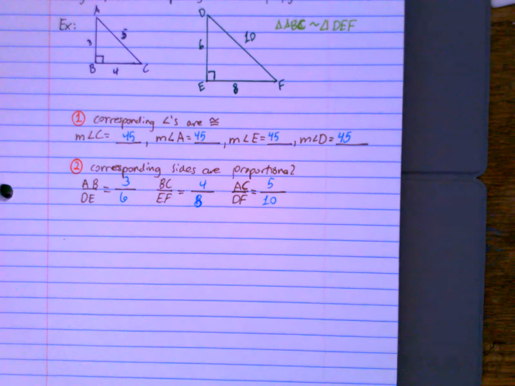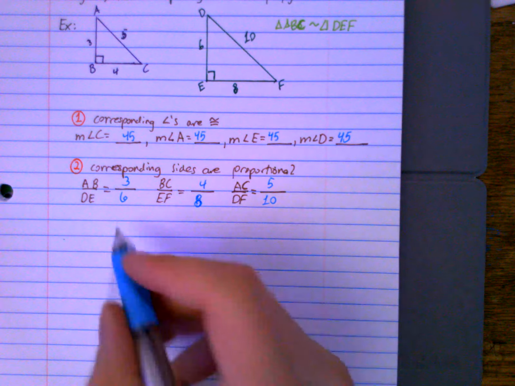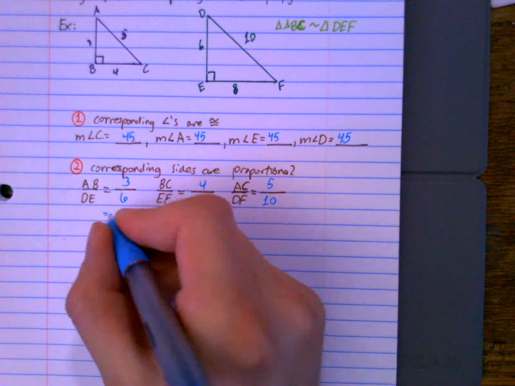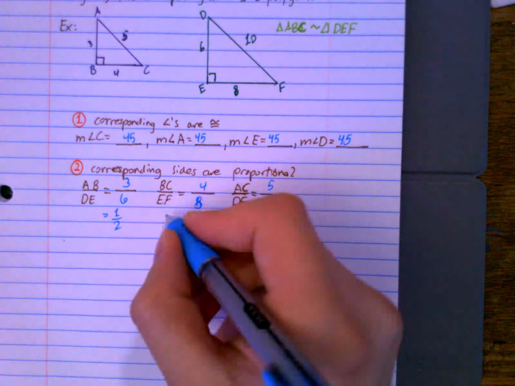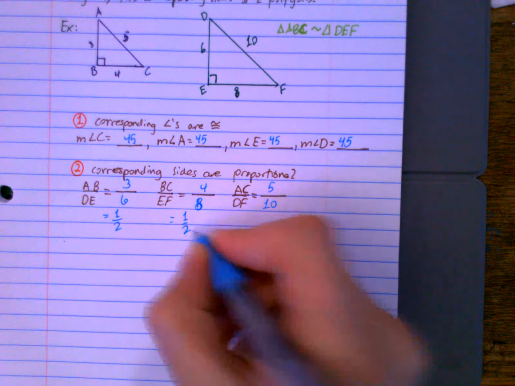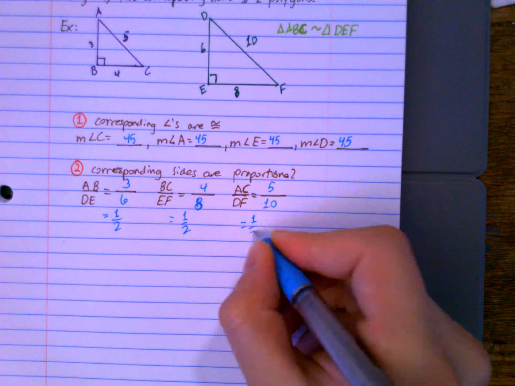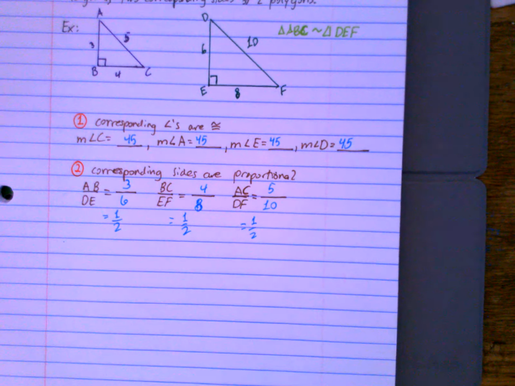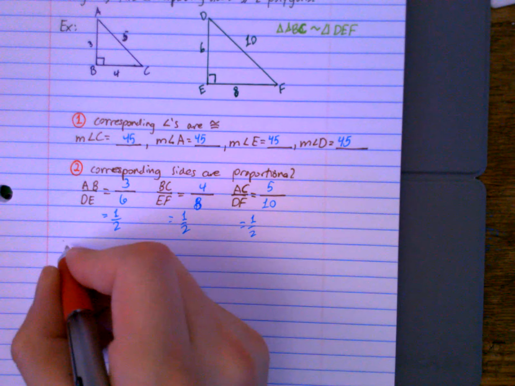What do all of these reduce to? 1/2. Which means that our similarity ratio is 1/2.